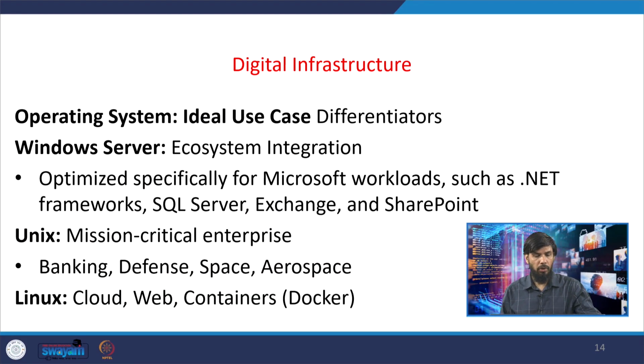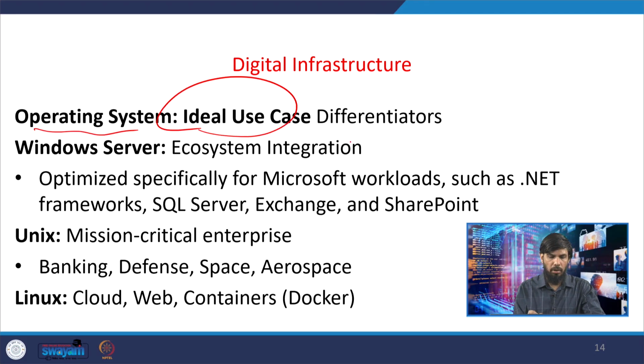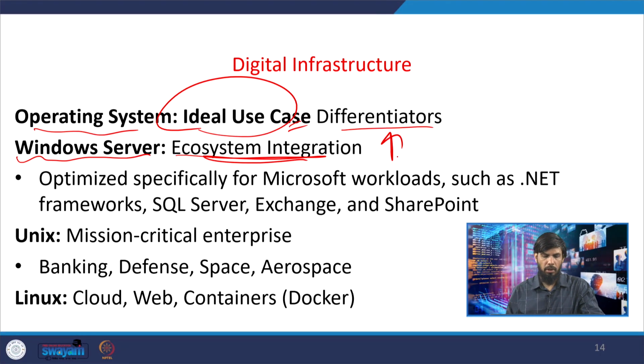Moving on, we look at where we can use these operating systems. We look at the ideal use case, based on the key parameters that we have discussed for these three server operating systems. If we look at Windows Server, the best thing is ecosystem integration. If you are already into Microsoft products, then it will make sense for you to go for Windows Server, right.